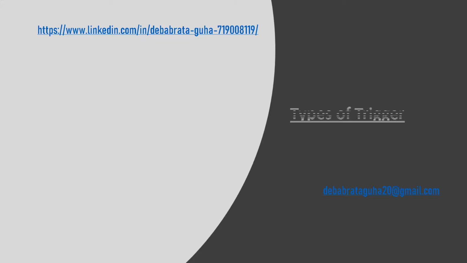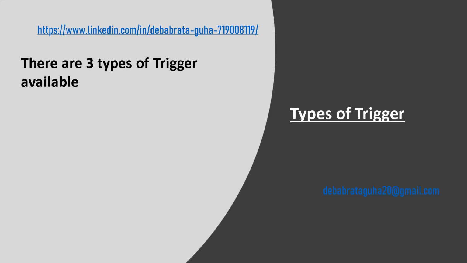Before going into that, I want to mention that we have three types of trigger. The first is the DML trigger, as I was explaining: when events like insert, update, and delete happen in the database, this type of trigger is activated.